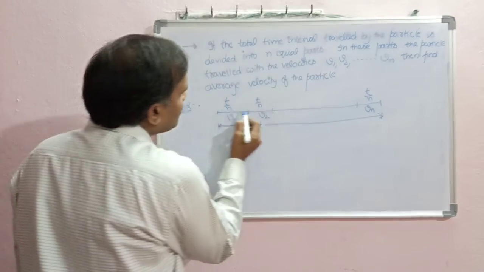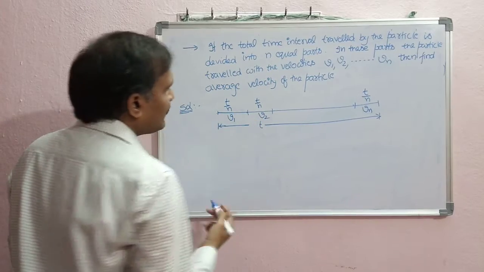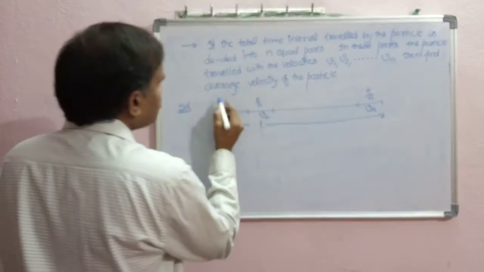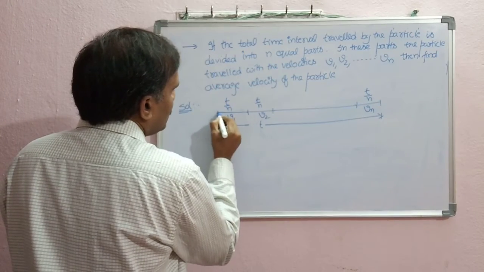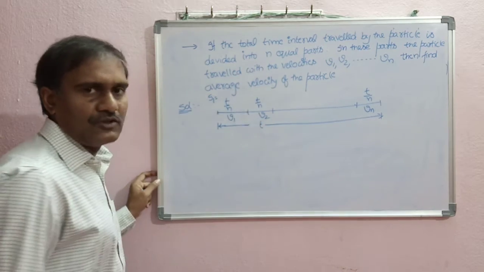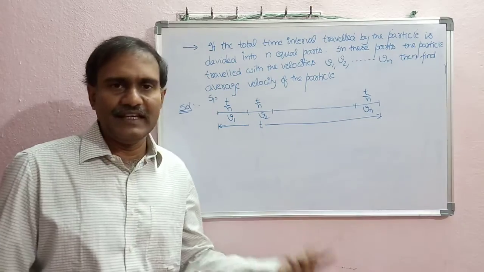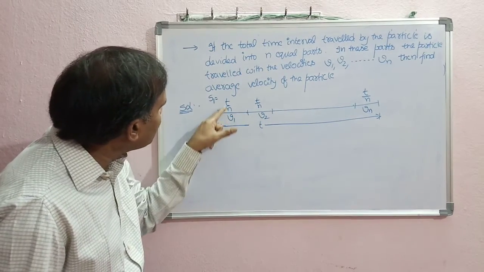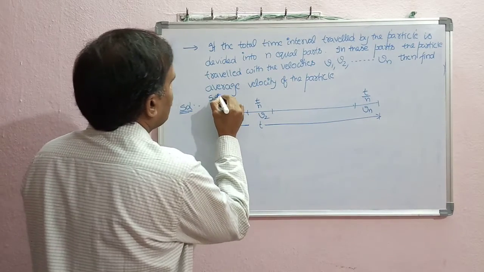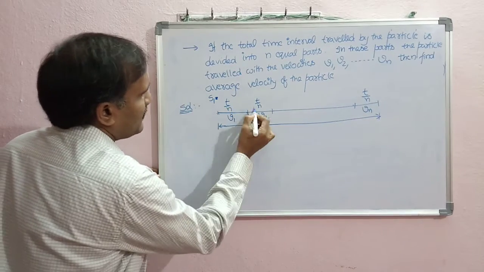What is the displacement during this interval? I am assuming it is S1. That S1 is equal to how much? Already we know that S is equal to V into T. Therefore, V1 into t by n.